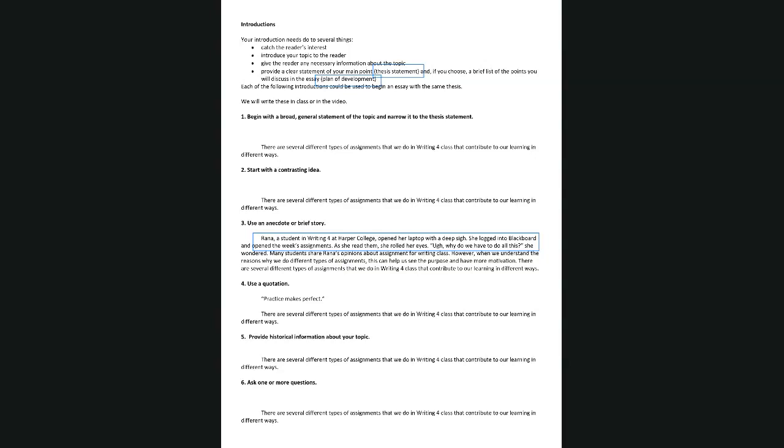It means that we have more general information before we go to the thesis. After the sentences about Rana, we need to provide 2 more general transition statements. So this is the hook, these 2 sentences are a transition, and then we have the thesis.